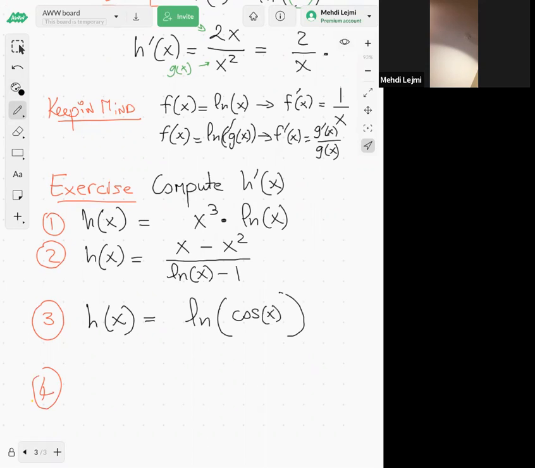And number four, h of x is equal to sine of natural log of x. All right, guys, you have 10 or 15 minutes to think and compute h prime of x. Of course, I am here to answer if you have any questions.